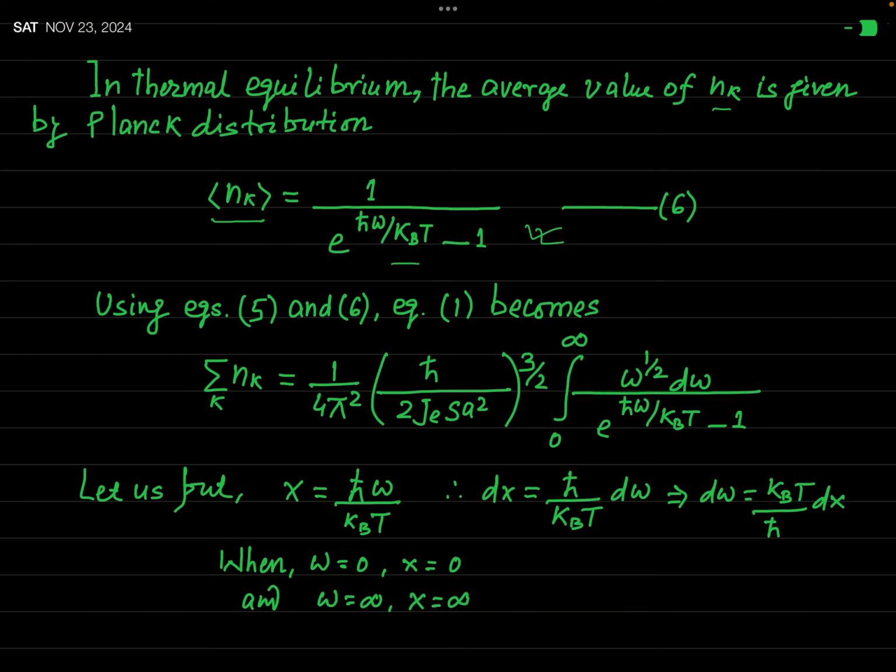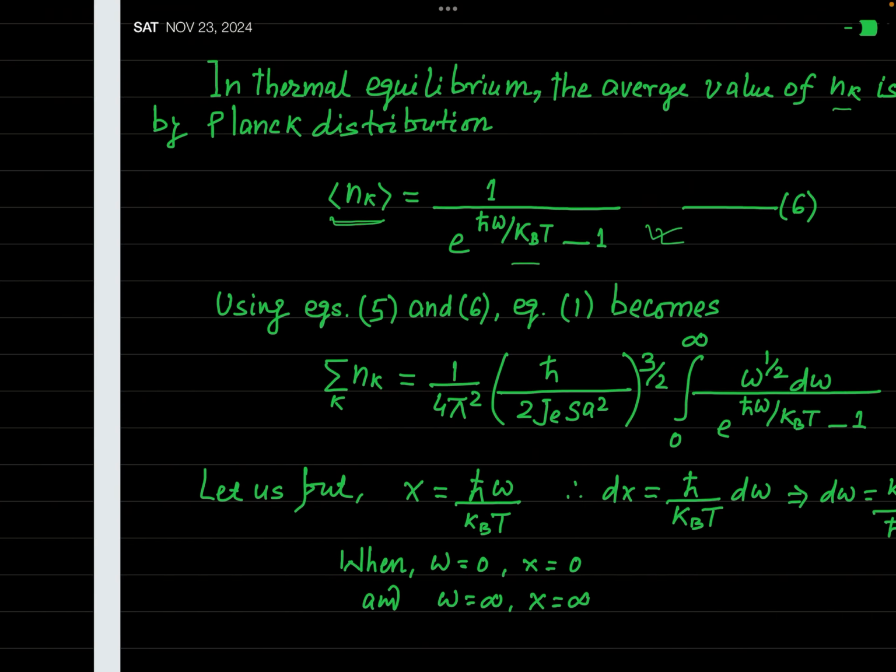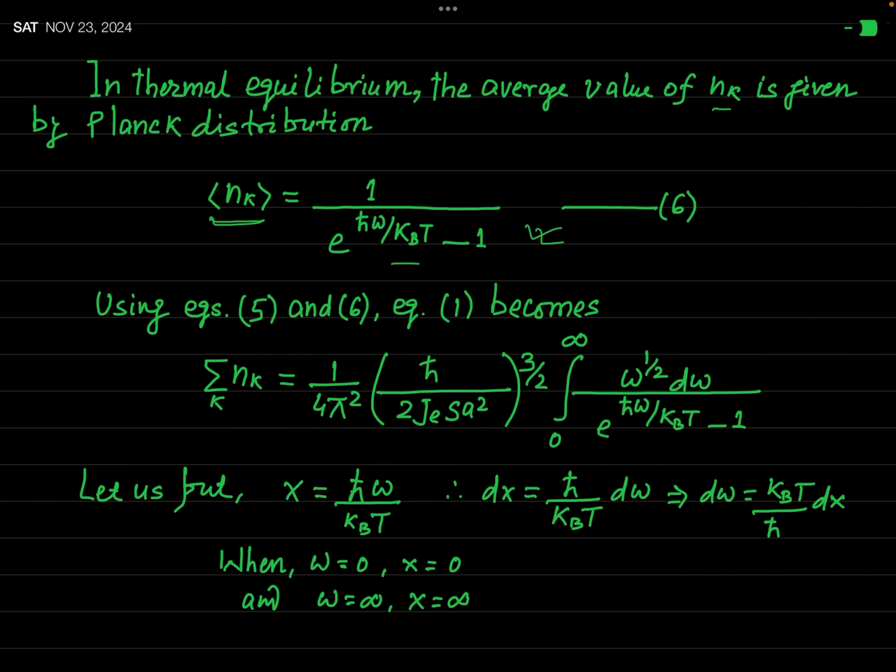Okay. So you now know the average value of nk. You also know the value of Z of omega. Now let us substitute these two values in our original equation to find the value of the summation over k of nk. After substituting these values, you can see 1 over 4 pi squared times h bar over 2 JSA squared, the whole to the power 3 by 2, is a constant factor.